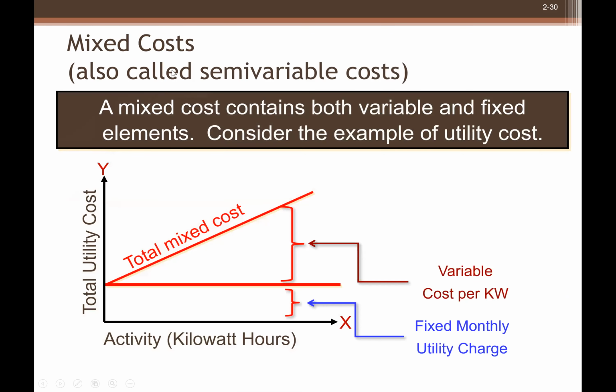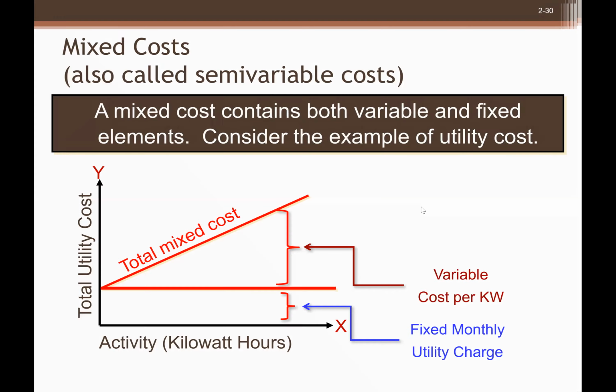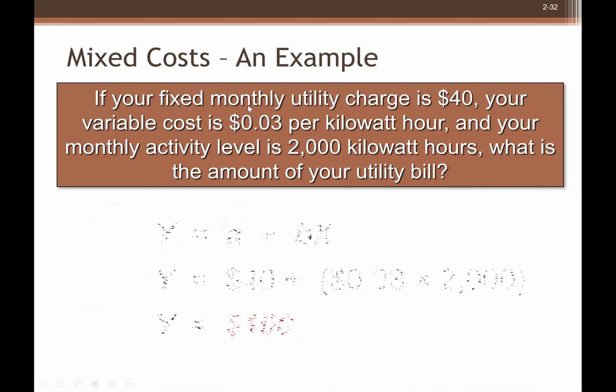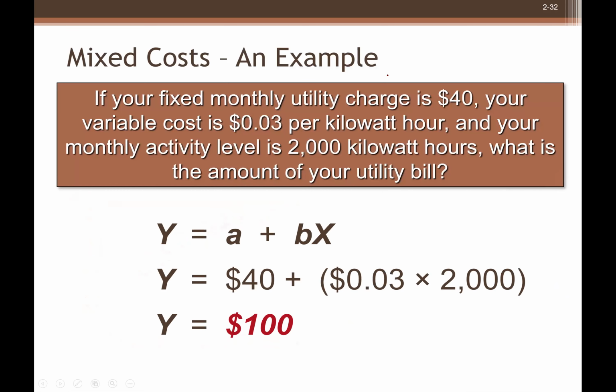Here comes mixed cost, semi-variable cost, which means the costs that have both the characteristics of variable and fixed. Let's just not get into this mathematical detail. Let's go through the example to really understand that.